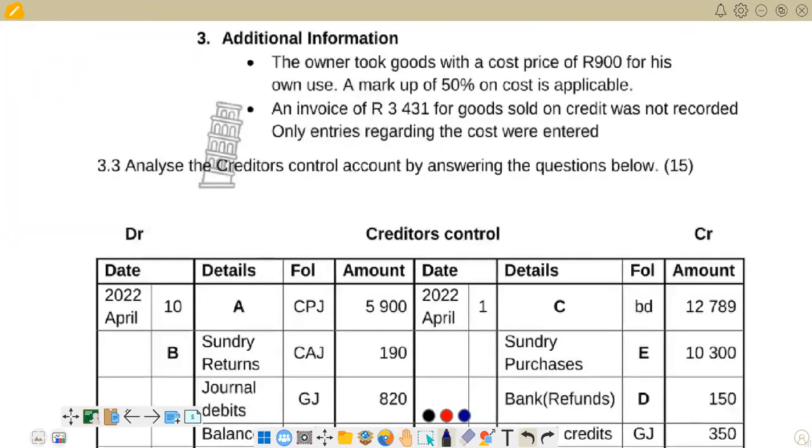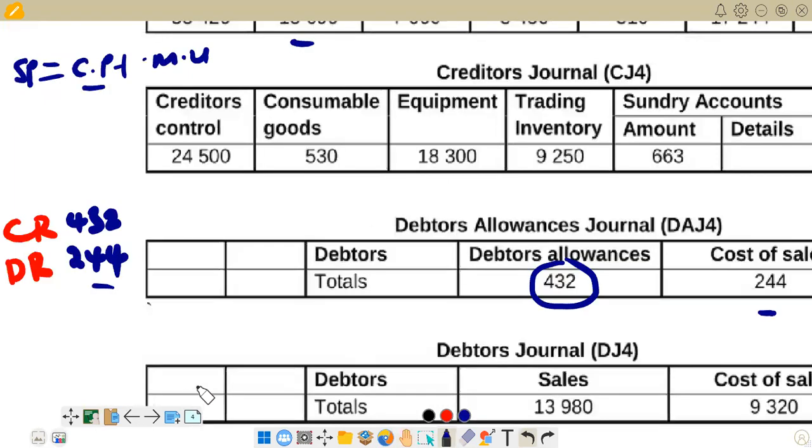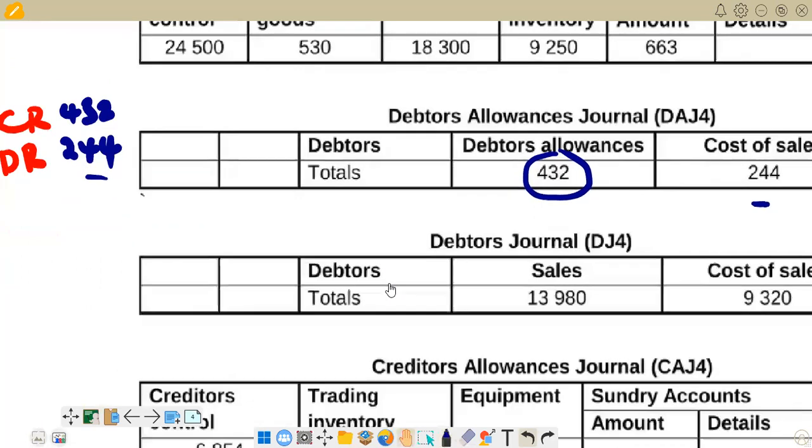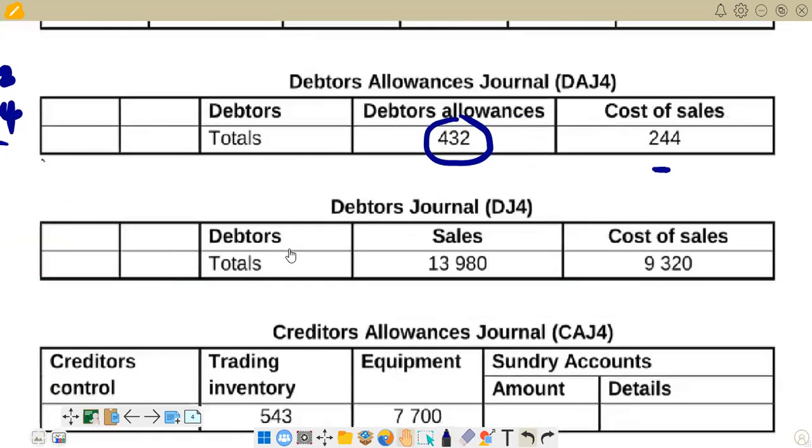After this one, we go to the next one, which is the debtors journal. On the debtors journal, we are given debtors totals, and then we've got the sales of 13,980, and our cost of sales of 9,320.